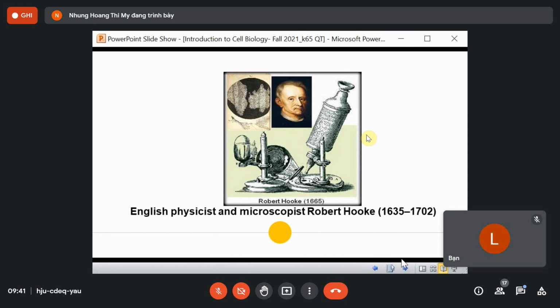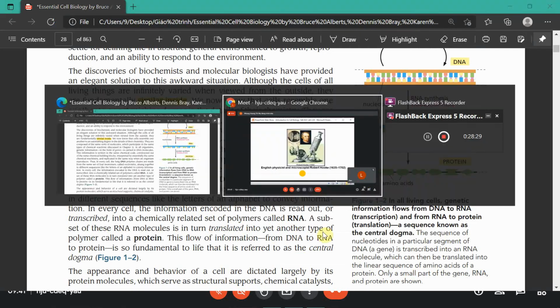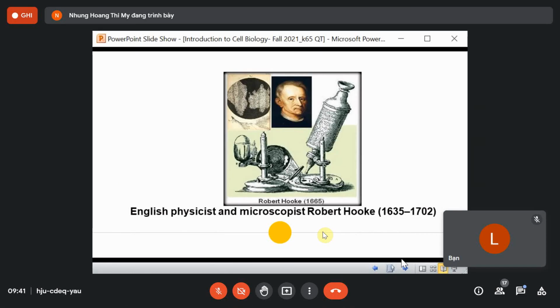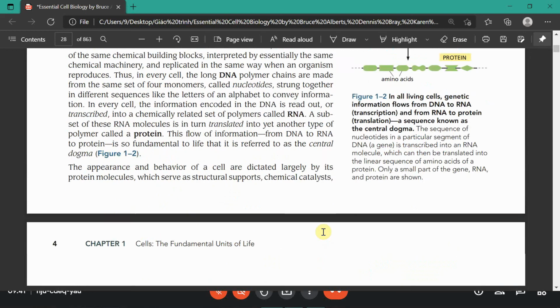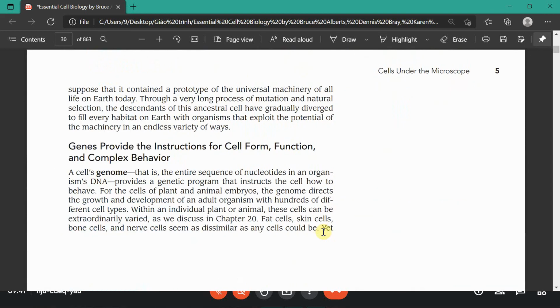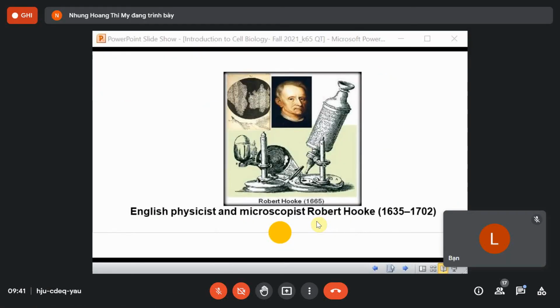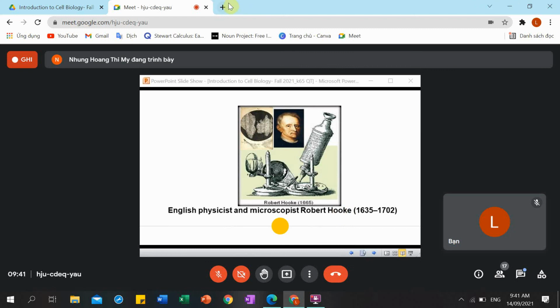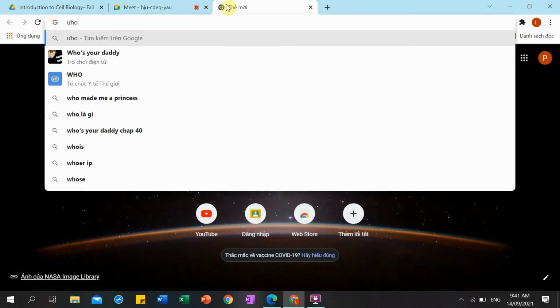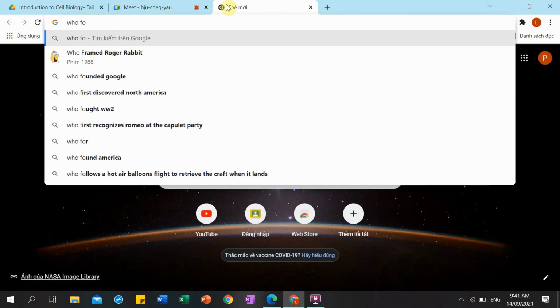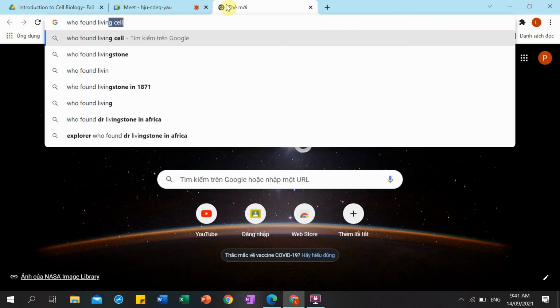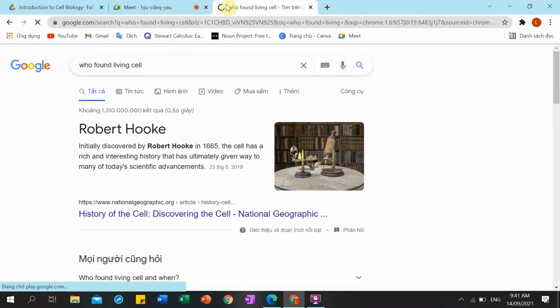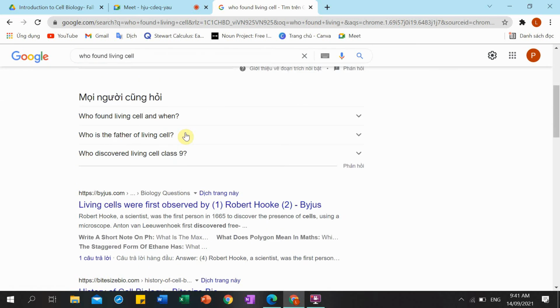So who is the first scientist who observed living cells? Do you know? Maybe this scientist is not as famous as Robert Hooke for us, but for scientists all over the world, maybe he is even more famous than Robert Hooke.